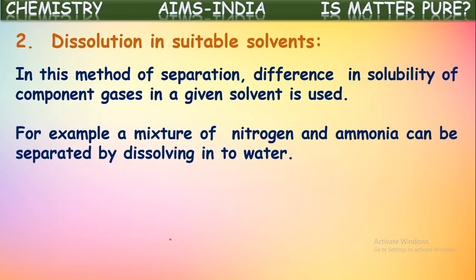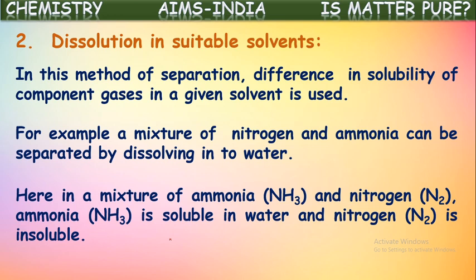For example, a mixture of nitrogen and ammonia can be separated by dissolving in water. So what happens when you pass the nitrogen and ammonia gaseous mixture into water? We know that out of these two, ammonia is fairly soluble in water, whereas nitrogen won't dissolve. Nitrogen is an insoluble gas.